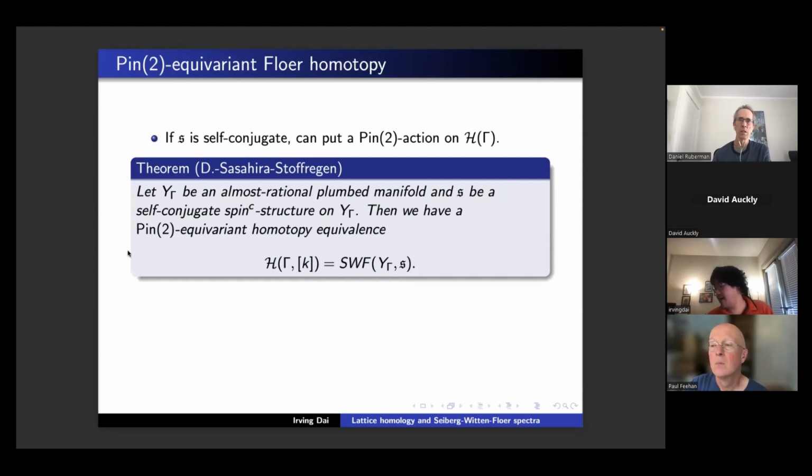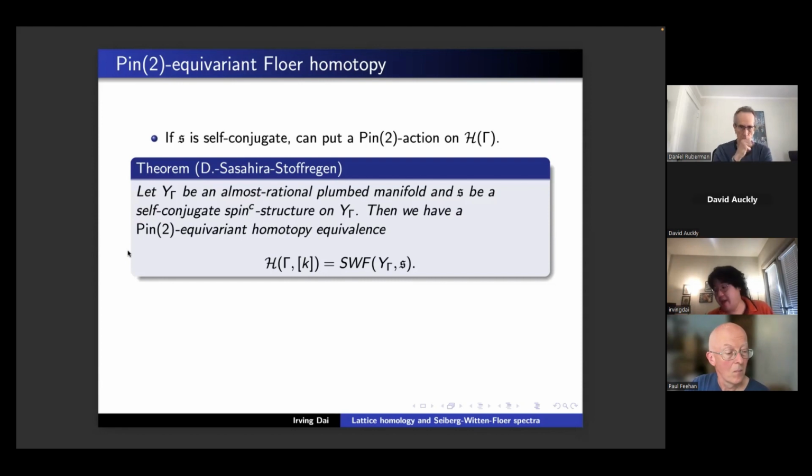For experts, you probably know that one of the really interesting things about Seiberg-Witten-Floer homotopy type is that it's not just an S1 theory; it's a Pin(2)-equivariant theory. So you can put a Pin(2) action on SWF of Y. It turns out that you can also put a Pin(2) action on this lattice homotopy type.